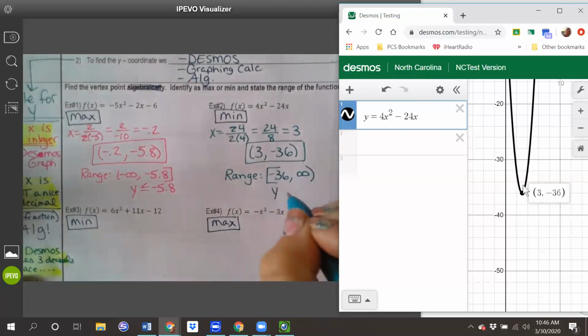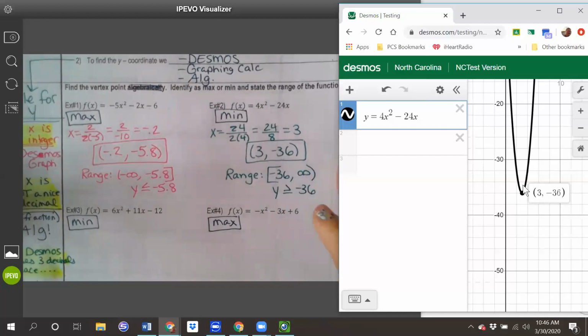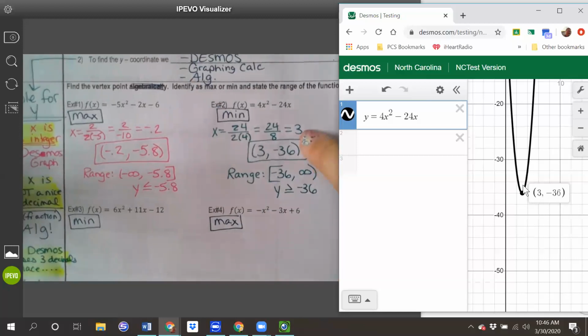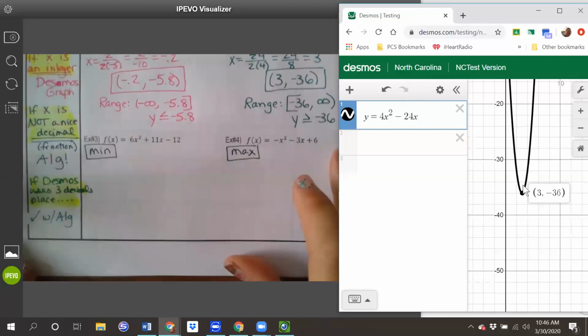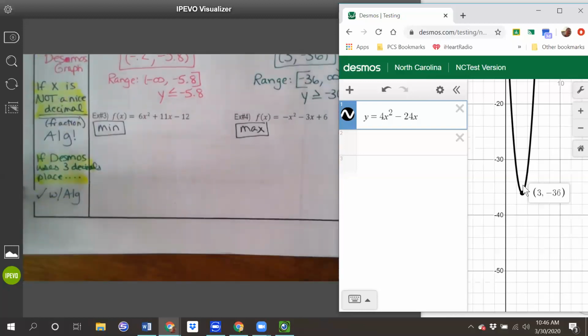Or if you prefer, your y values have to be bigger or equal to negative 36. Nice, easy x means a nice, easy y. All right, let's take a look at number 3. Again, remember, pause the video, work it out ahead of me, play the video, and then check yourself.